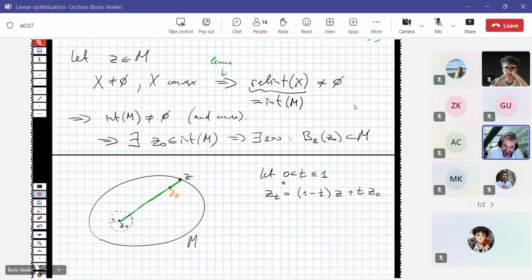And since t is never equal to 0 here, this point is never equal to Z, but it is some point between Z0 and Z. This is the situation. Now I claim that every such point, for every t larger than 0, is also an interior point. I claim that for every such point, I can find a ball which is completely in M. I claim that Zt is in the interior of M.